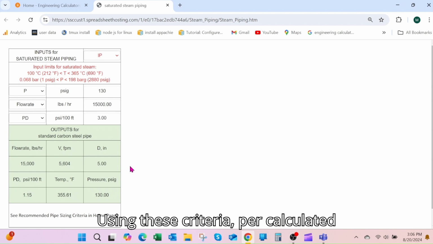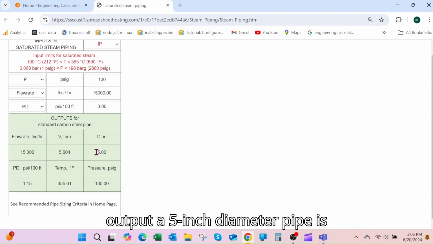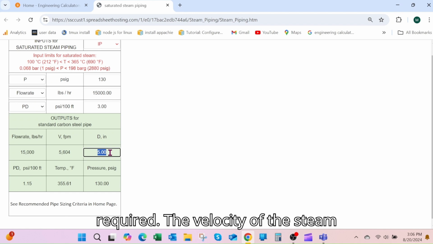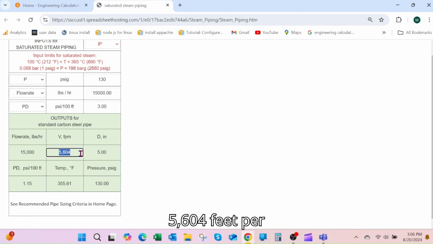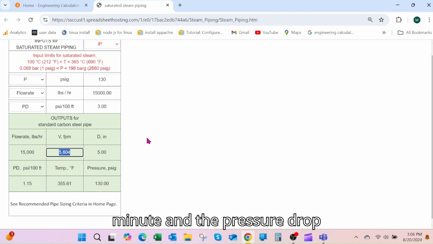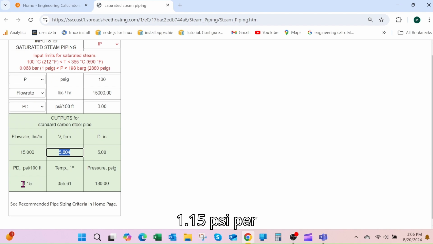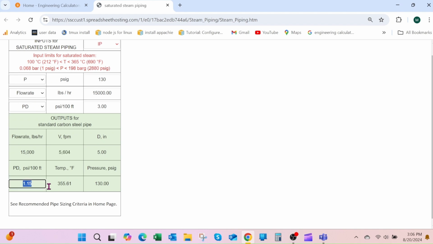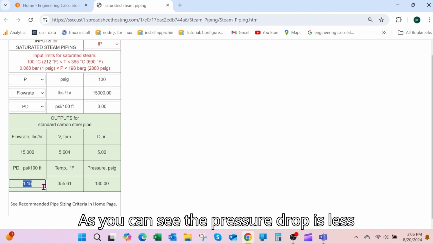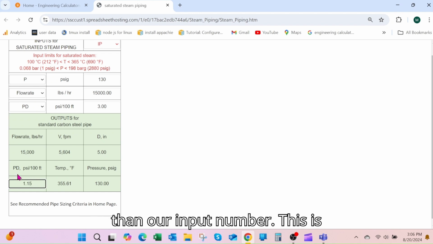Using these criteria, per calculated output, a 5-inch diameter pipe is required. The velocity of the steam through the pipe would be 5,604 feet per minute and the pressure drop 1.15 psi per 100 feet of pipe for this setup. As you can see, the pressure drop is less than our input number.